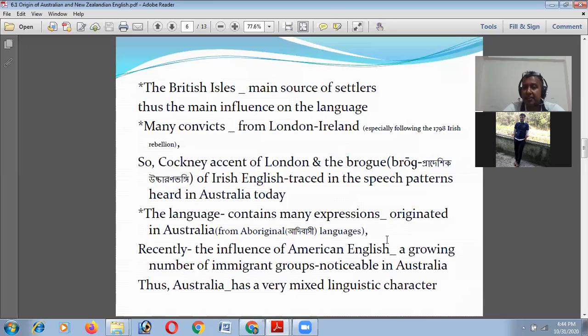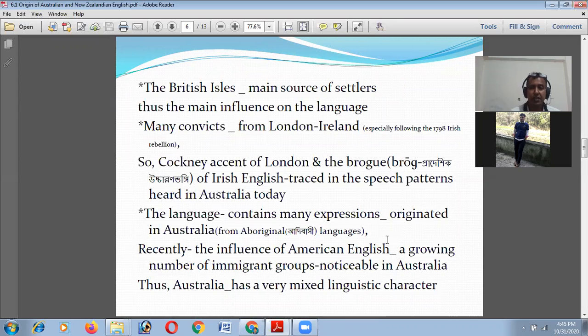So Cockney accent, that means informal usage of a language, not the standard form but a regional form of a language, is the pattern of Australian English, because many of them who went from London and Ireland to Australia used not standard English but regional English, such as Cockney or Irish English, stressed in the speech pattern heard in Australia today.